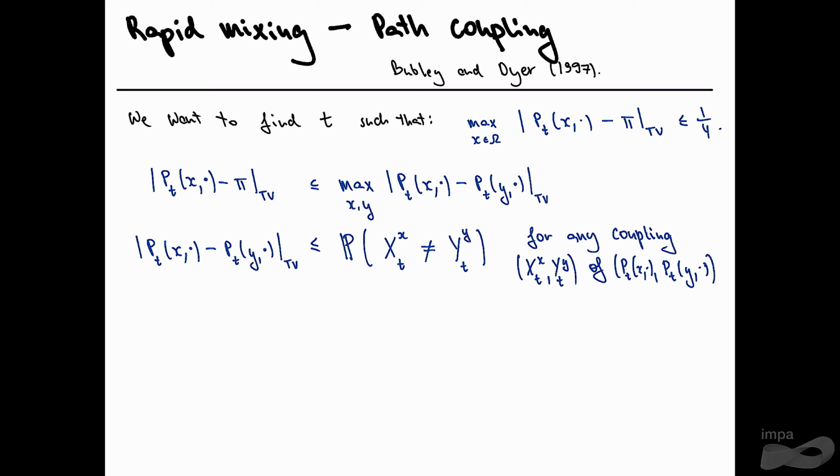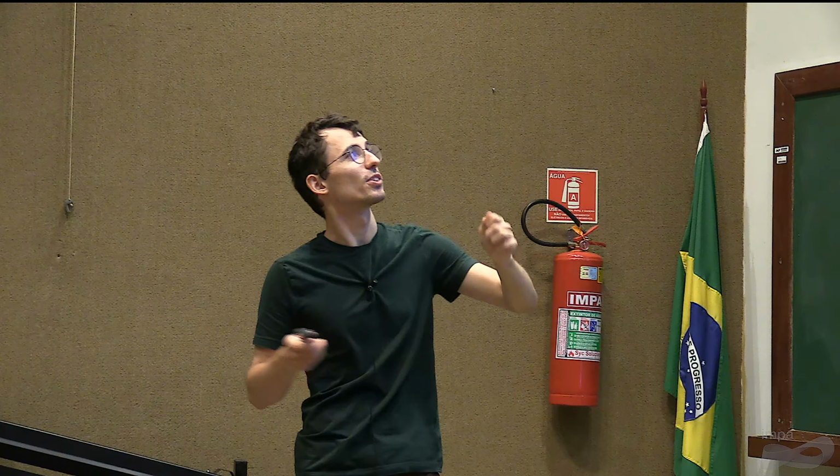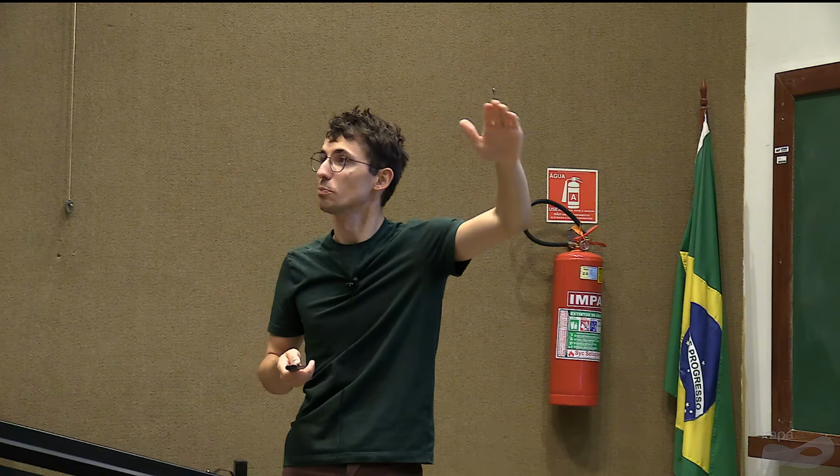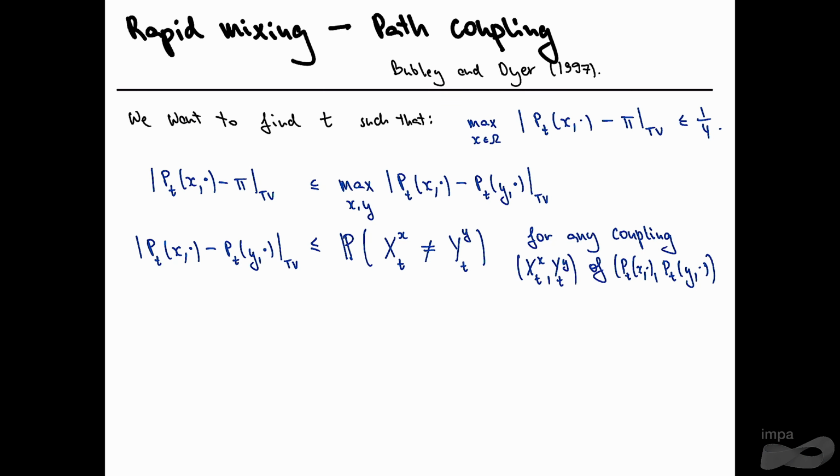And it's also classical in the theory that the distance between these T-step distributions can be upper bounded if you find any coupling of the T-step distributions starting from X and Y. So the better coupling you find, the better bound you will have. Ideally you want to find couplings that will coalesce quite quickly, because then this probability will be small and you'll be happy. So we are fighting for good couplings.